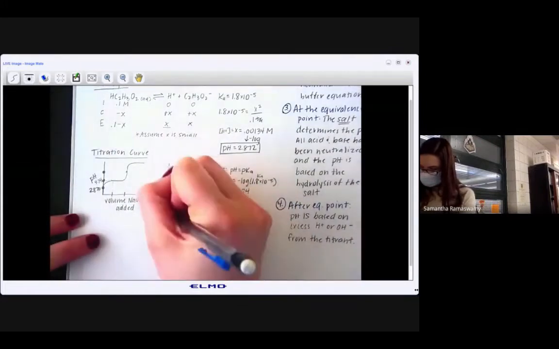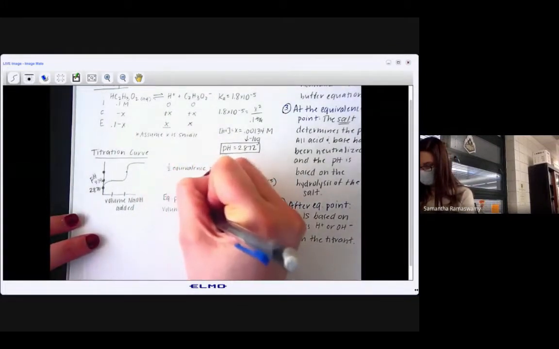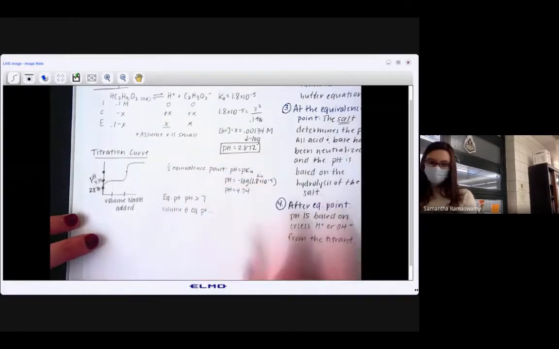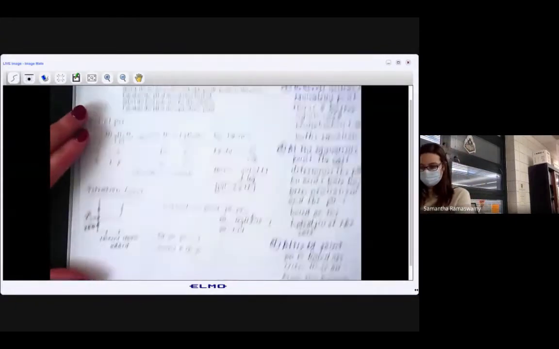Now, the volume at the equivalence point. I'm going to show you a quick way to do this if the molarities are the same. You can actually figure it out using stoichiometry because remember at the equivalence point moles of acid equals moles of base. So I'm just going to go up to the top really quick.